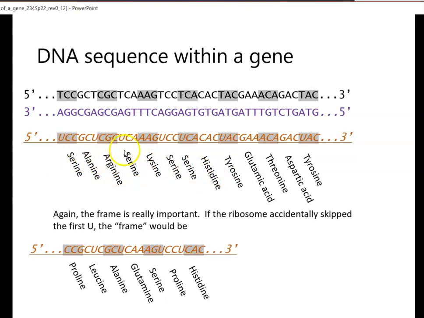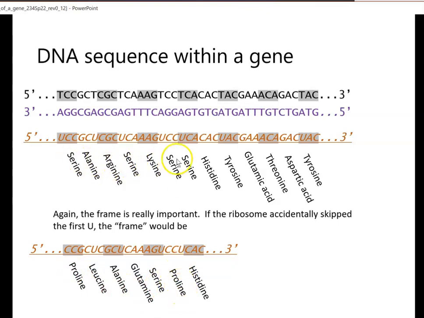Well, if you shift the frame over, we get proline, leucine, alanine, glutamine, serine, proline, histidine. None of these have a positive charge until you get to this histidine. So you've lost 2 positive charges. Also, there are 2 prolines in here. Proline forces a bend in the protein, a bend between the amino acids.